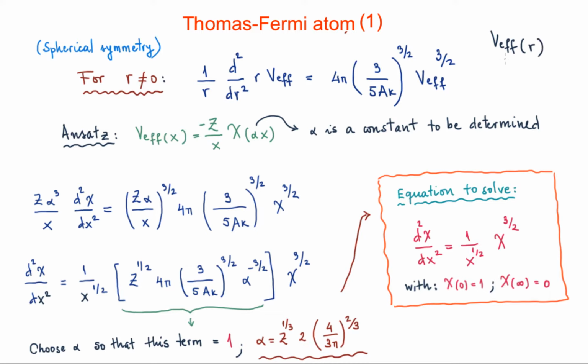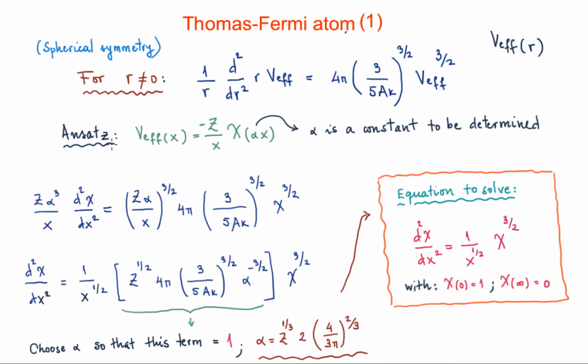There is no angular dependence on the effective potential. Therefore, the Laplacian is going to keep just the radial component, and the angular component is going to disappear. So the Laplacian gets simpler as this one. And this is the equation that we have to solve at r different from 0.